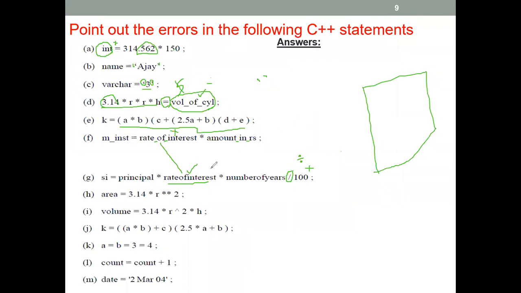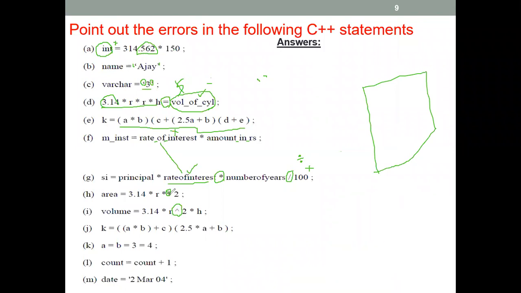Also in programming we have only four types of calculation: plus, minus, multiply, and divide. This is multiply here, and this is the divide. We have plus and minus also. We don't have this kind of sign; the programming language doesn't recognize it. Also you cannot put two multiply signs like this.